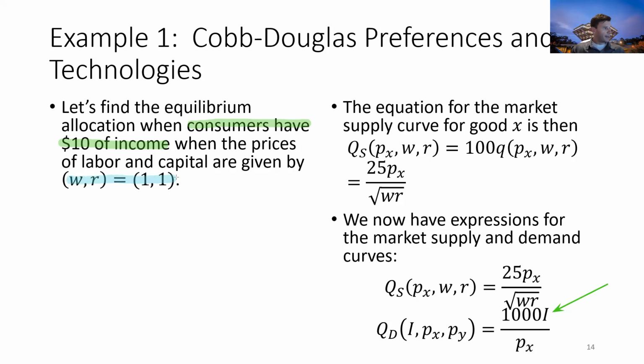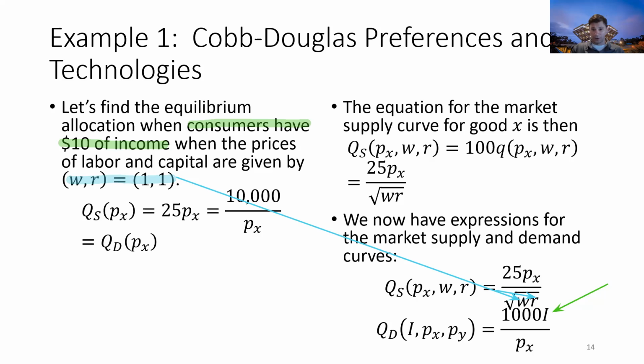So we're going to plug that in down here for W and for R. Once we do this, we get 25 PX as the equation of the supply curve, and 10,000 over PX as the equation of the demand curve.